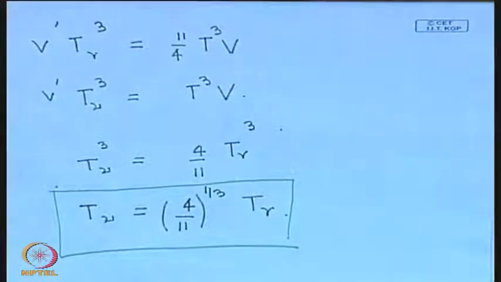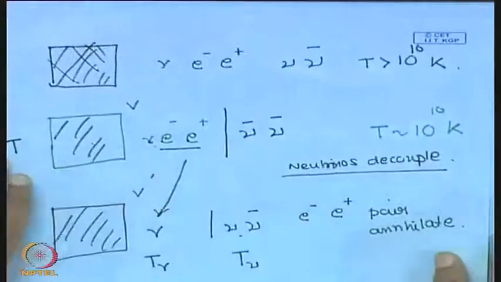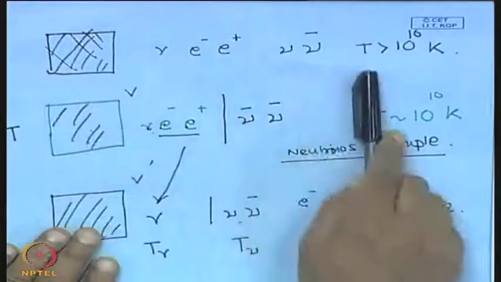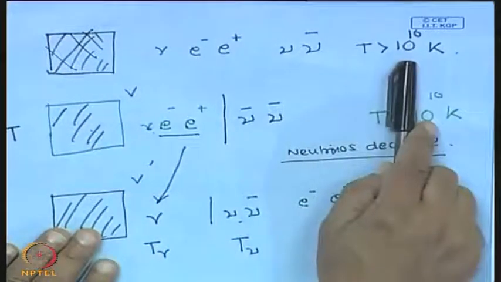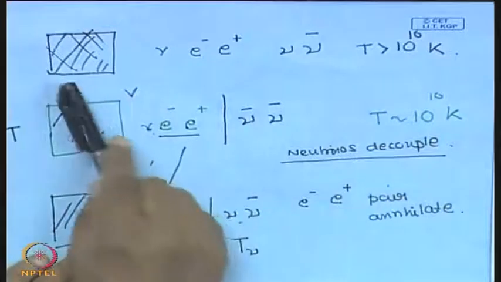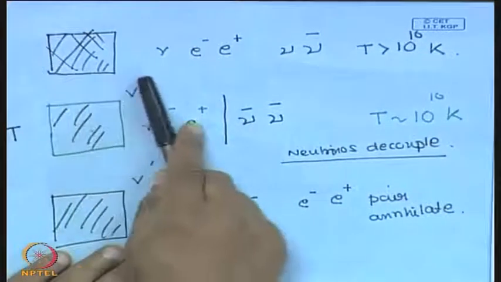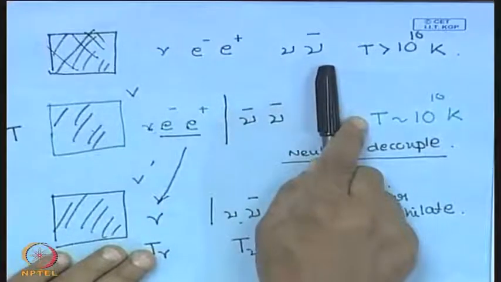So let me recapitulate what we have learnt. At temperatures more than 10 to the power 10 Kelvin, the CMBR photons are adequately hot, the universe is adequately hot, so that all of these things are in thermal equilibrium.